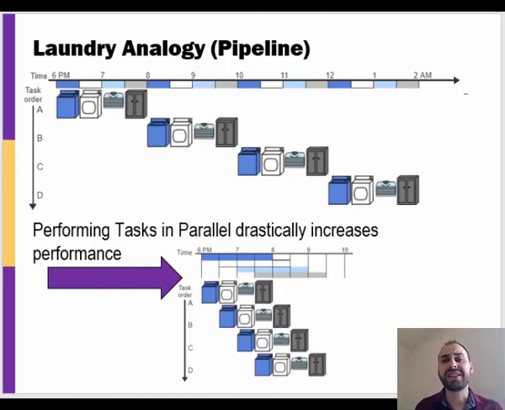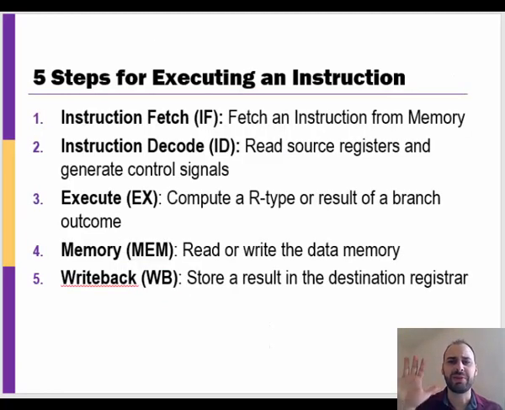We're going to do something similar when we look at how we actually process an instruction in our processor. Instead of 4 steps, we're going to break it out into 5 steps for executing or processing an instruction in a computer CPU using a pipeline architecture.